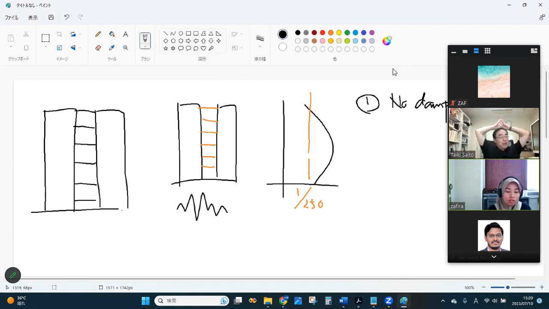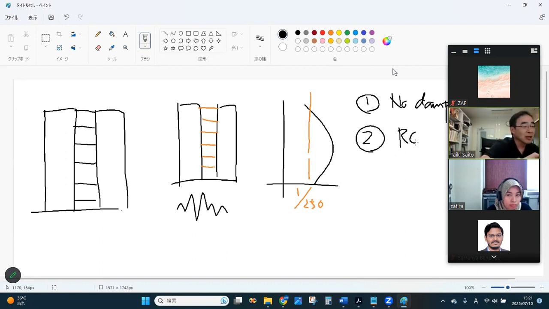So we have concrete or steel. Usually the reinforced concrete beam is, I think, the most popular.